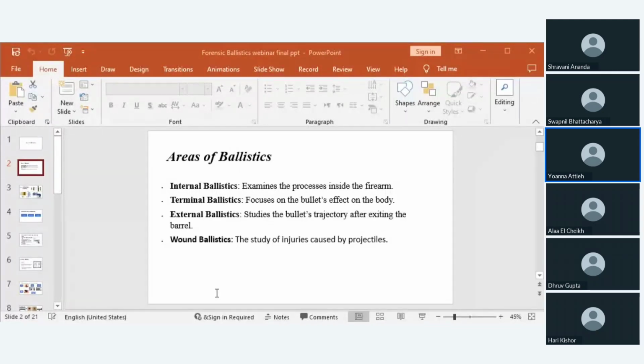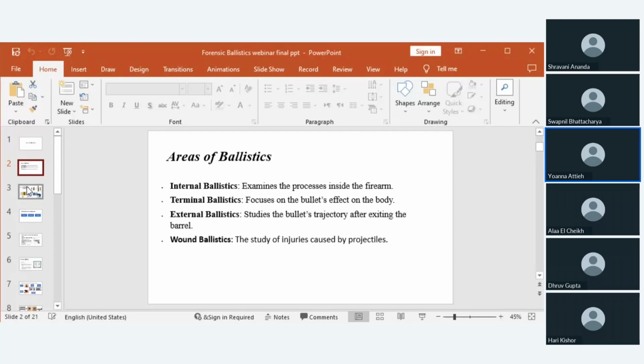Each of these areas plays a significant role in the investigation and analysis of firearms-related incidents. Today, we will delve into the intricacies of internal ballistics, beginning with the movement of a projectile within the firearm.